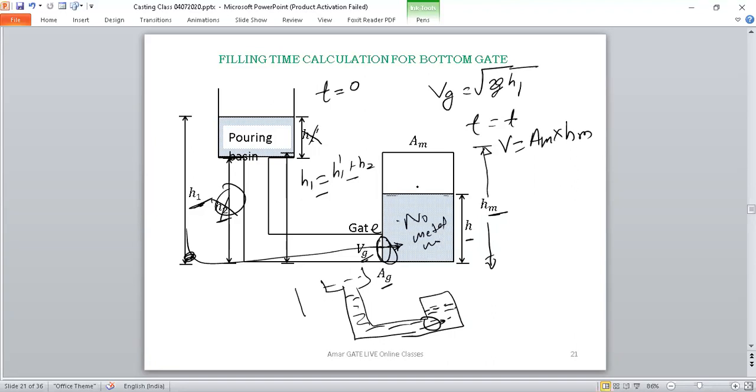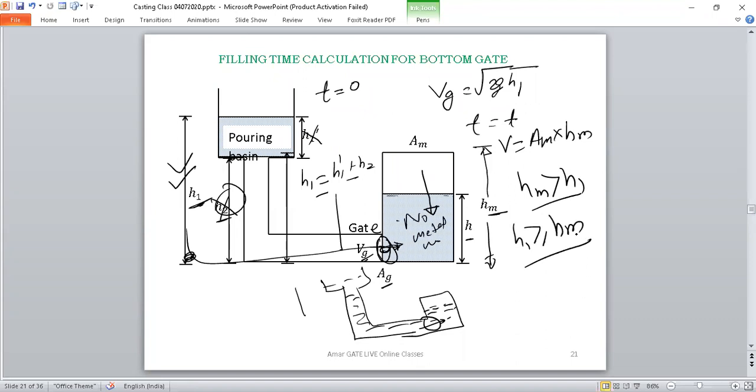This will put pressure here. One thing: if Hm is greater than H1, the mold will never be filled. So H1 must be greater than or equal to Hm, then only will the mold be completely filled.